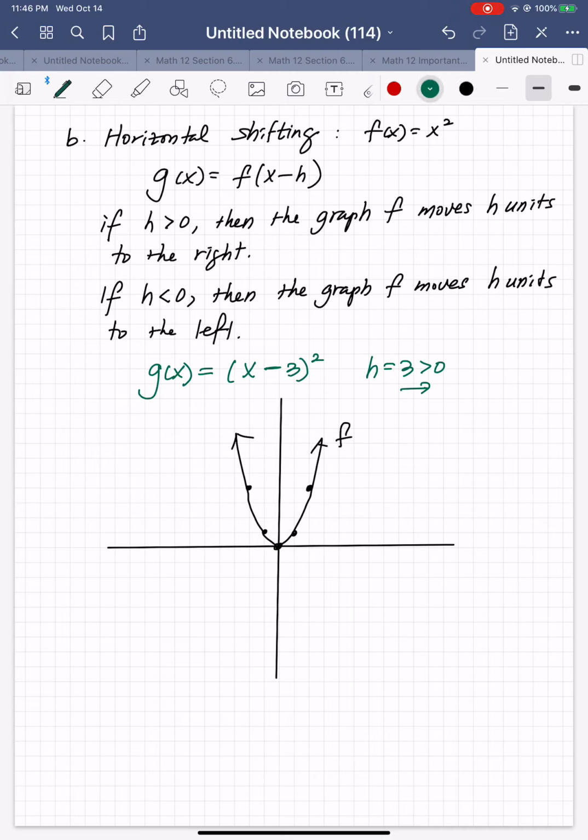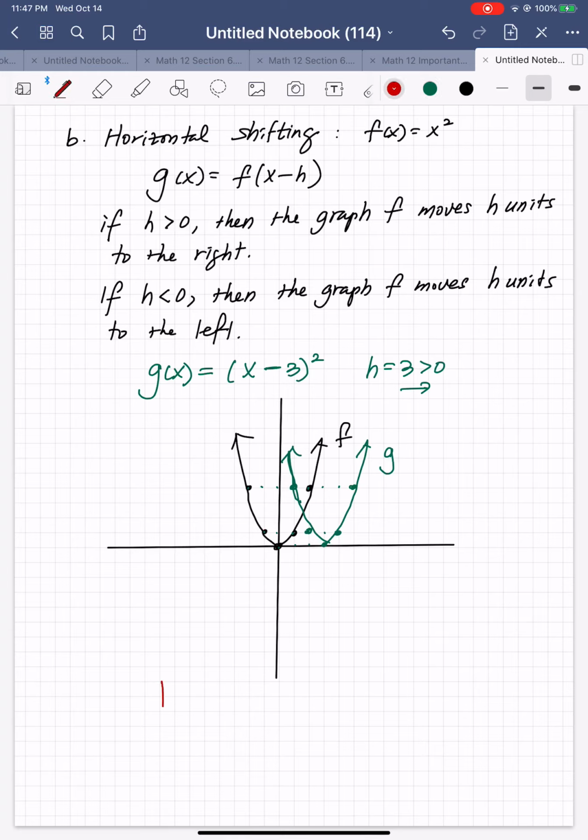So move 1, 2, 3, for each point. Everything just moves to the right. So this is the g function.